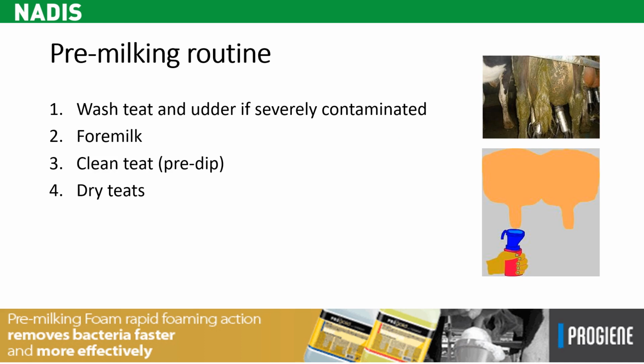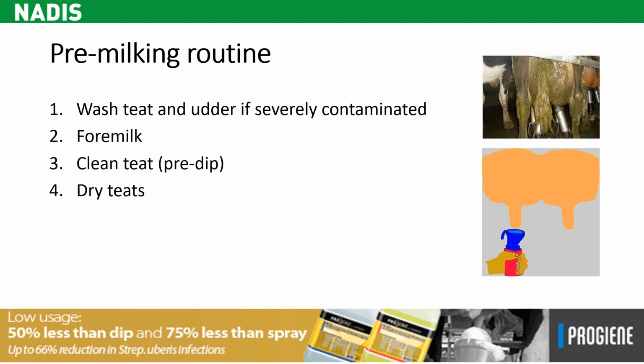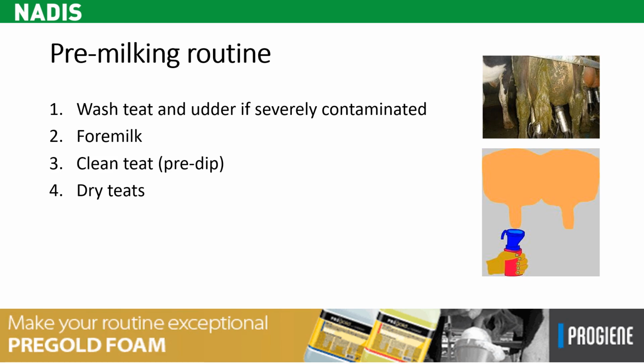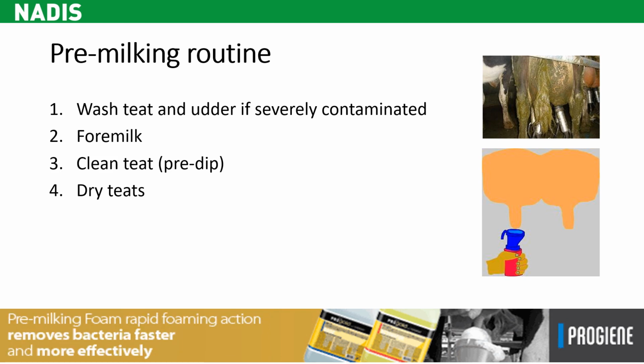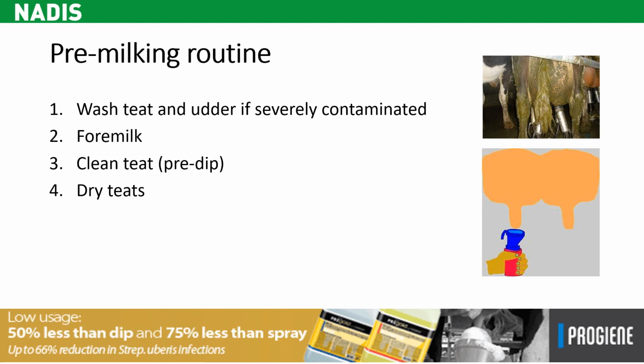Teats and udders only need washing if severely contaminated. Once the teat has been stripped and milk examined for mastitis, each teat should be cleaned. This will involve pre-dipping and wiping or simply dry wiping for the majority of farms. Leave the 60 to 90 second pause before attaching clusters.